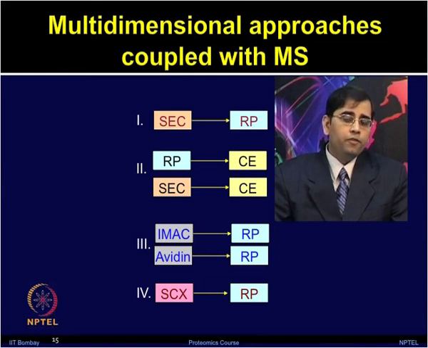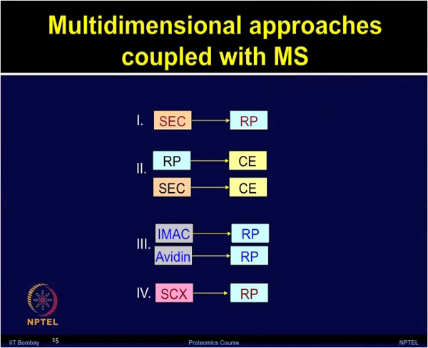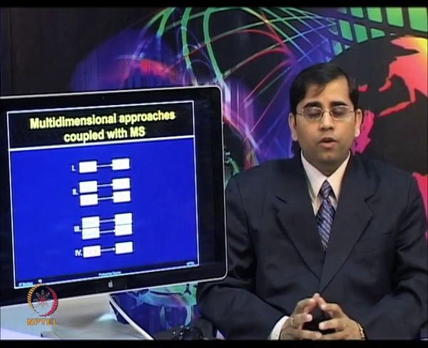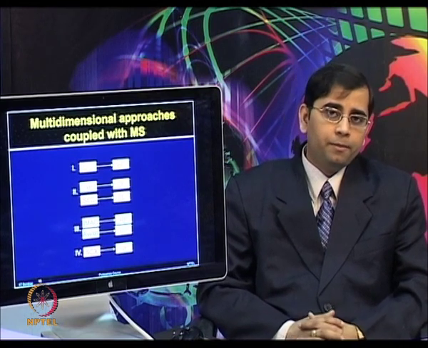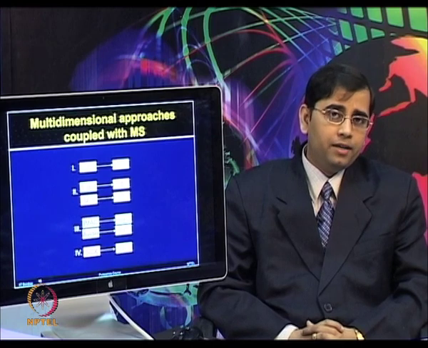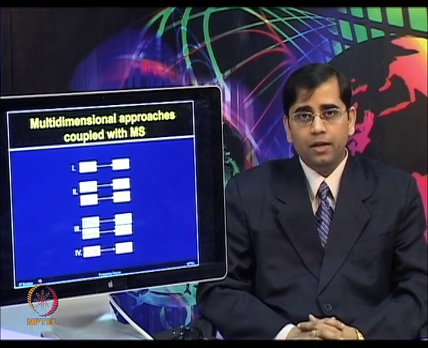Affinity chromatography based separations such as IMAC or avidin followed by reverse phase chromatography are commonly used, and strong cation exchange followed by reverse phase is most commonly used. So, this slide gives you an overview of various liquid chromatography separation methods which can be employed prior to injection into the ionization source.